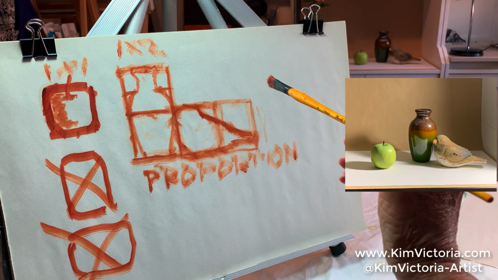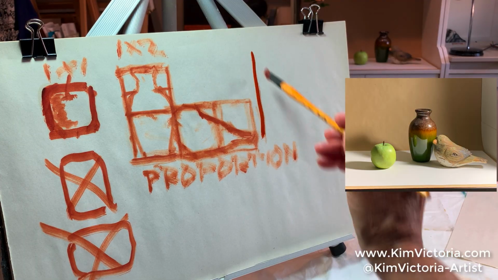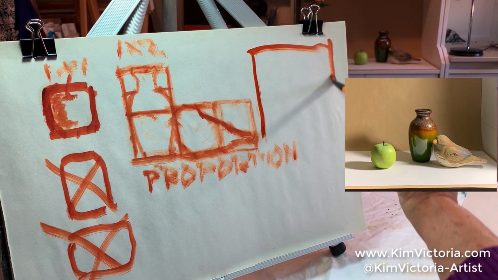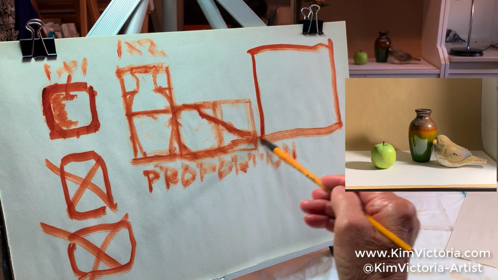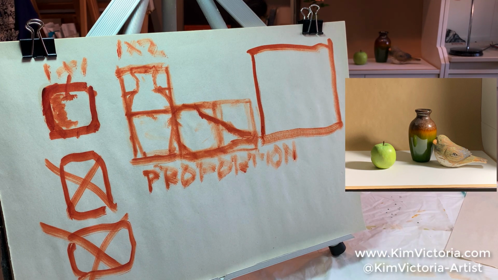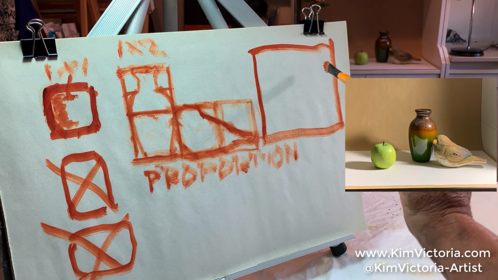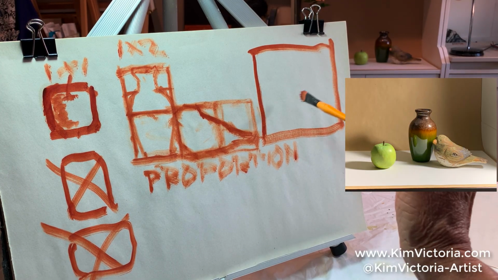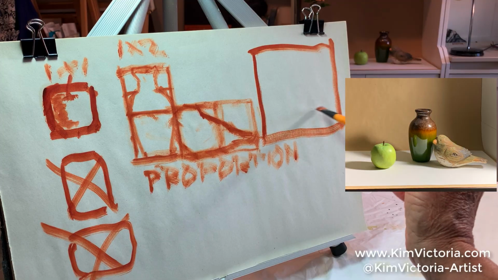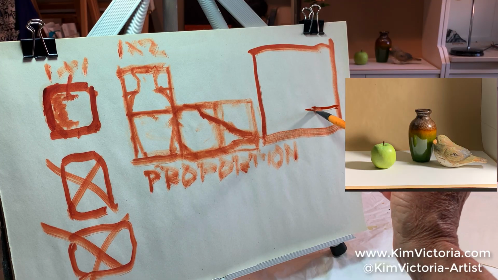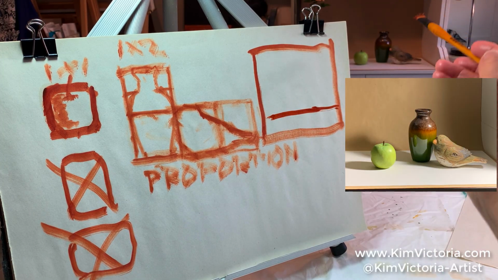But I did say I was going to show this too. Let's say that we have a small canvas. That's just like a little square. It's about 4 inches. Okay? And say I want to put these 3 objects in this small canvas. Well, it's more of a rectangular arrangement.